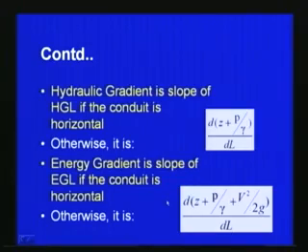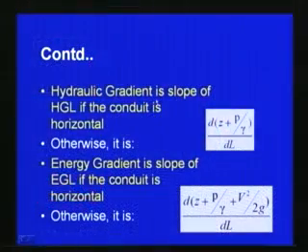So depending upon whether the flow system we design is horizontal or inclined, we can utilize the corresponding equation, whether it is directly the slope or the derivative of Z plus P by gamma for the hydraulic gradient, or d by dl of Z plus P by gamma plus V square by 2G for the energy gradient, where Z is the datum head, P by gamma is the pressure head, and V square by 2G is the velocity head.